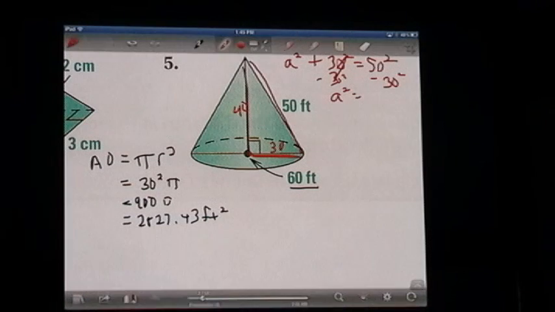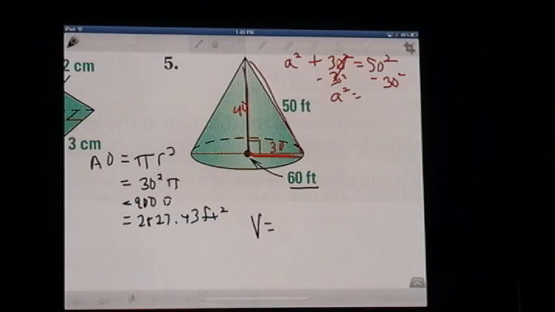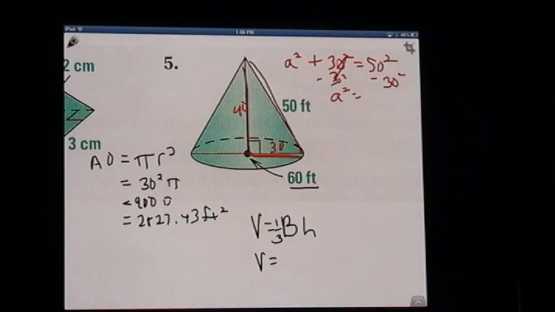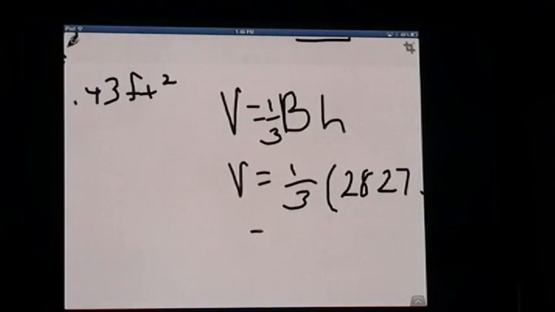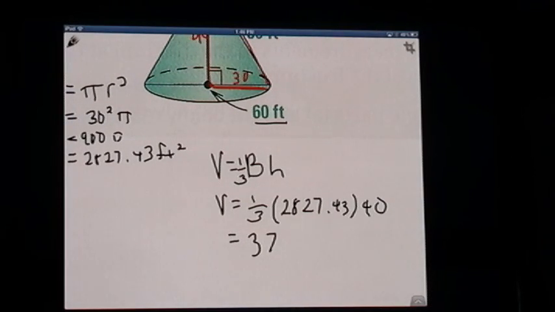So, since the volume is equal to 1/3 the area of the big base times the height, we get 1/3, and the big base is 2827.43, and then the height is 40, so times 40, and then divide by 3 equals 37,699.11. And that's going to be in feet cubed.